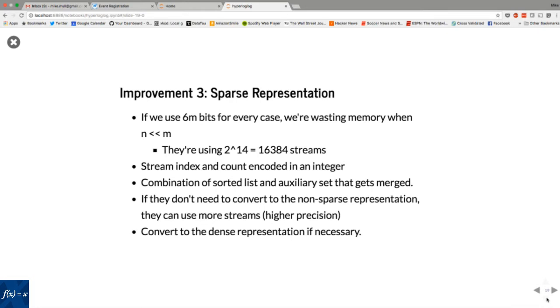And then they have a secondary auxiliary set where they just insert things while they're scanning through the set. And so if you look closely at the algorithm, what they do is at some point when the set gets too large, they kind of pause and they merge that into this sorted list. So ideally, the sparse representation is this sorted list that will only have the elements where the index has already been encountered.